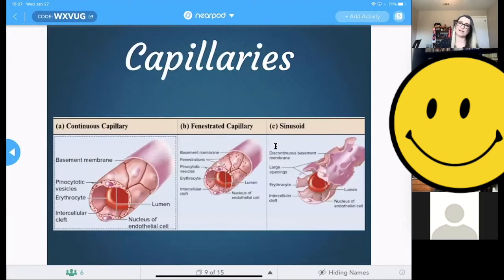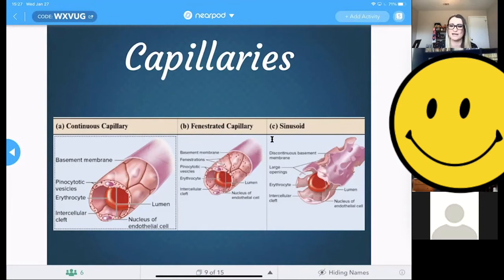Okay, let's talk about types of capillaries. So we had types of veins and arteries. We also have different types of capillaries. The three types of capillaries you can see on this image right here. There are about 10 billion capillaries in our body. And if you were to connect all of these together, it would add up to about 60,000 miles.